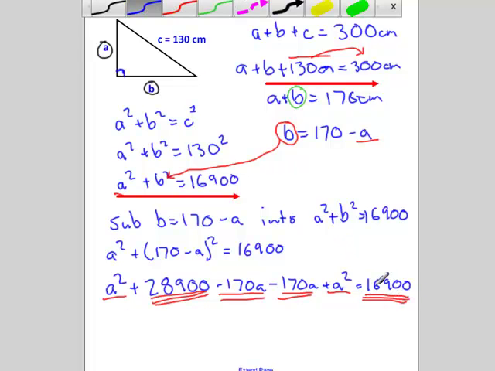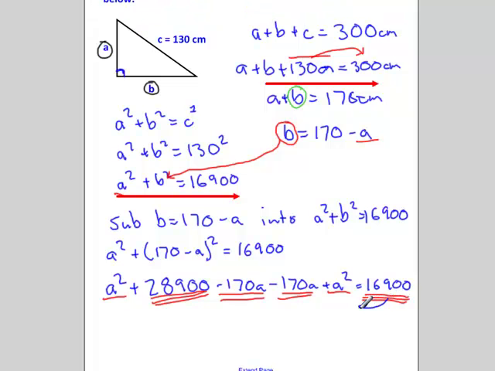To do that, I'll have to bring the 16,900 over by subtracting it. So A squareds, I've got 2A squared minus 340A, and then this will be plus what looks like 12,000 is equal to 0.